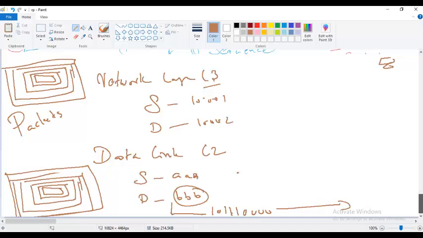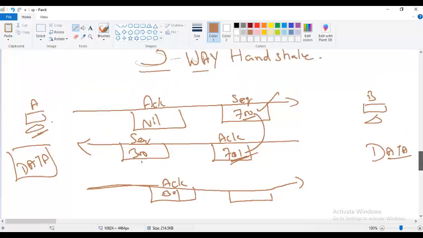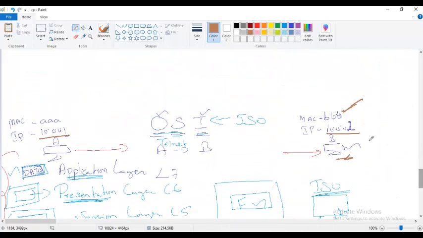It is written in the packet as 10.0.0.2. Now the PC checks, am I 10.0.0.2? Yes, I am. This proves that this packet belongs to me. The sender has put my MAC address and my IP address in the destination fields. So only B will open this packet. No other computer can open it.